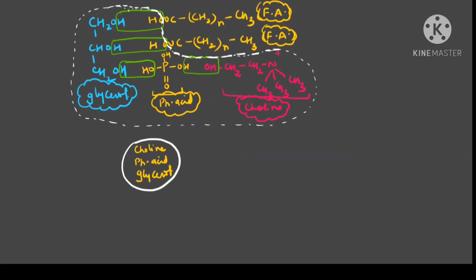These two fatty acids are coming in the form of a tail. So this structure is known as the head, and these are the tails. These are the two tails made up of fatty acid. So the head is made up of choline, phosphoric acid and glycerol, and the tail is made up of the two fatty acids. Let me show you the diagram.